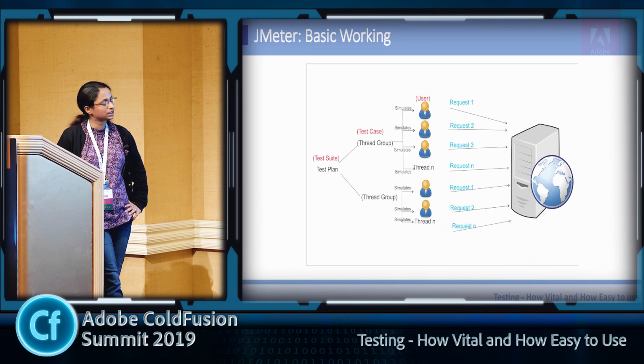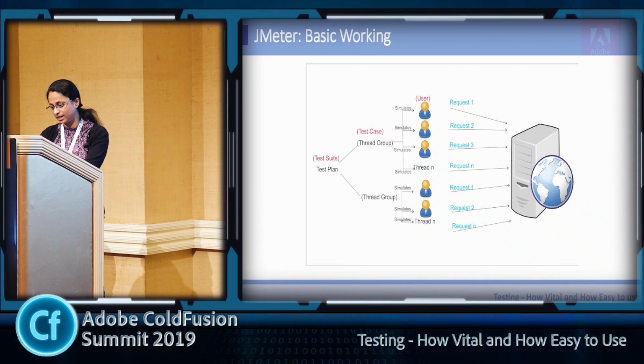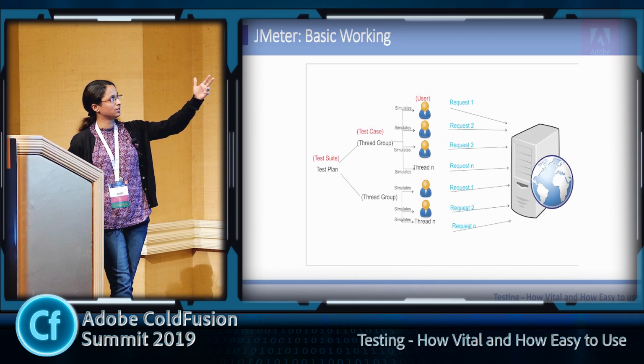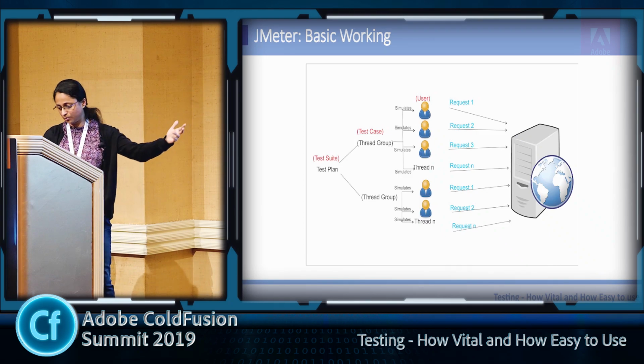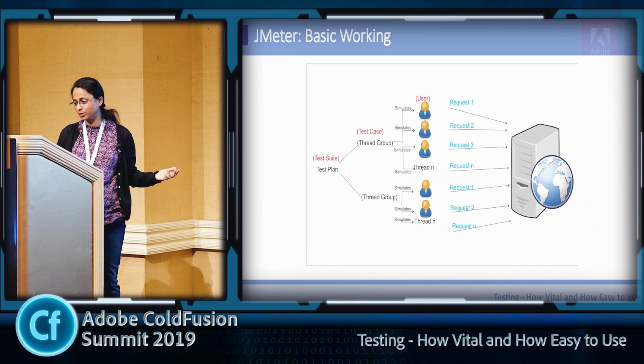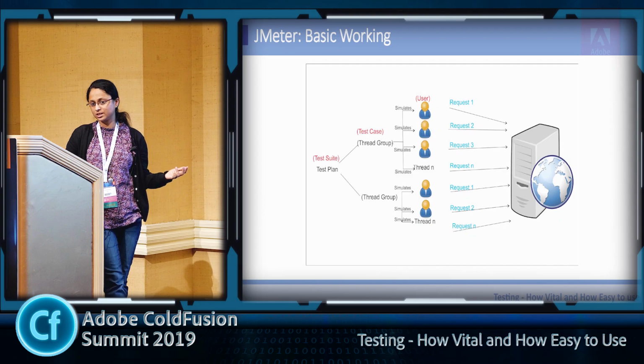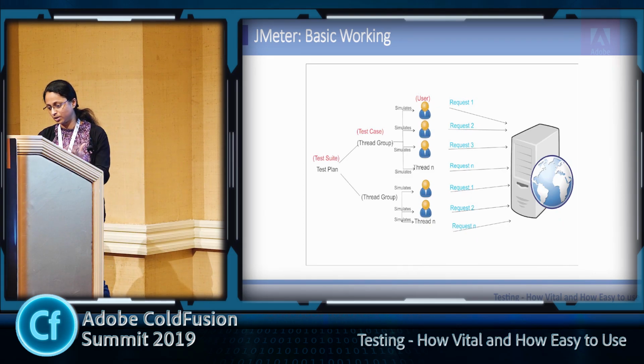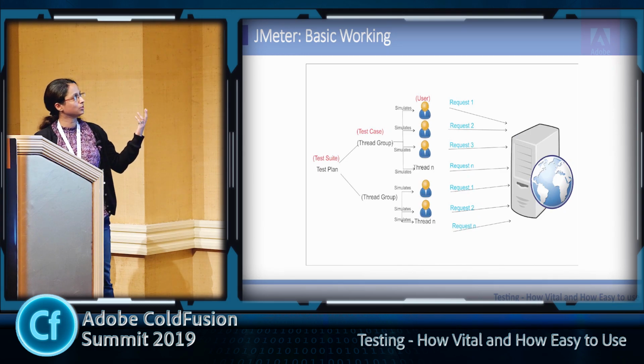The ramp-up period is, let's say, 10, so at the end of 10 seconds I would have my 100 users hitting the website. And the loop count is how many times you want those 100 users to do a particular action. If I say 5 times, then I would create 500 requests in total on my application server. If you set it to forever, the test would run forever until you manually hit stop here.